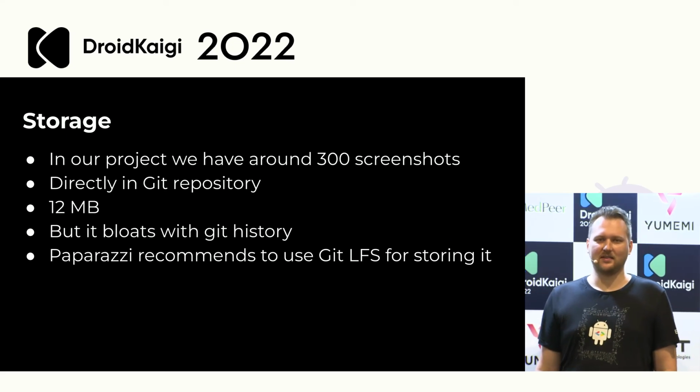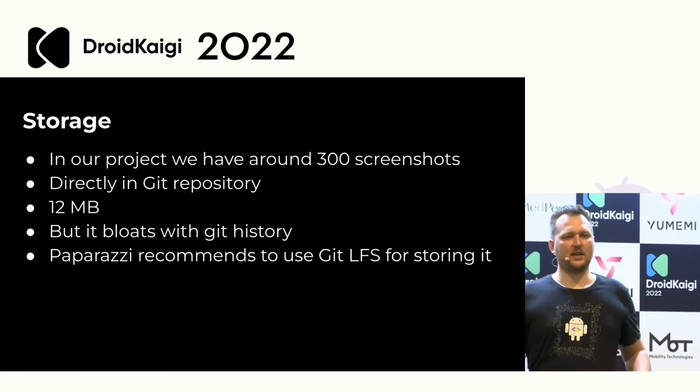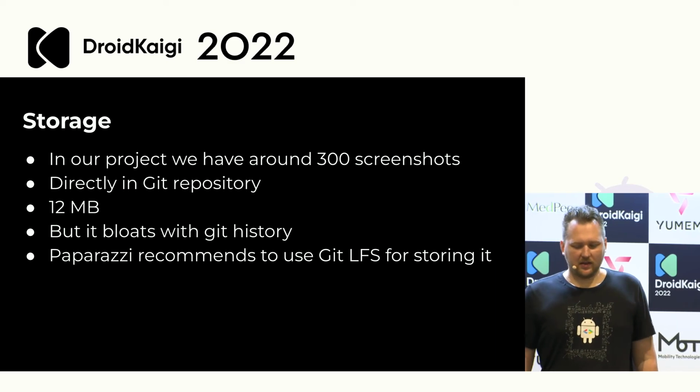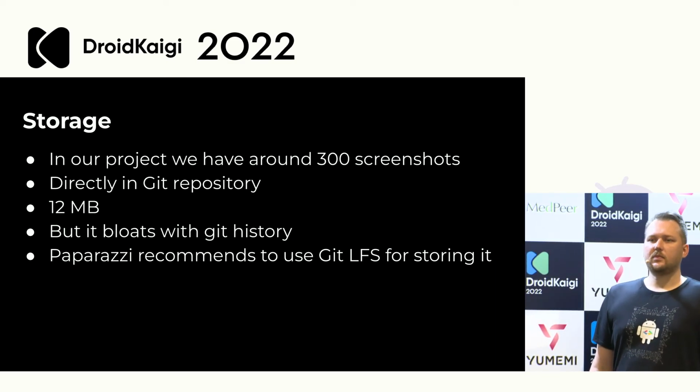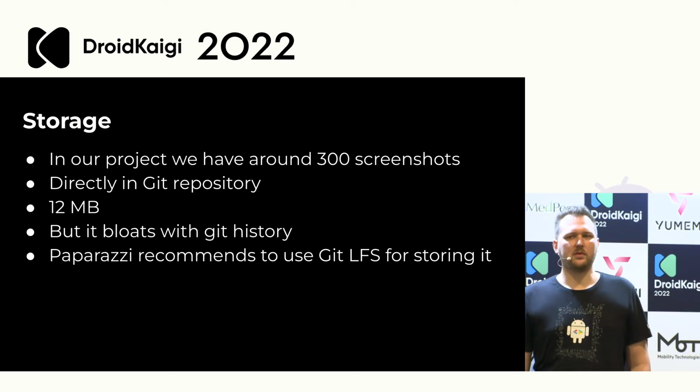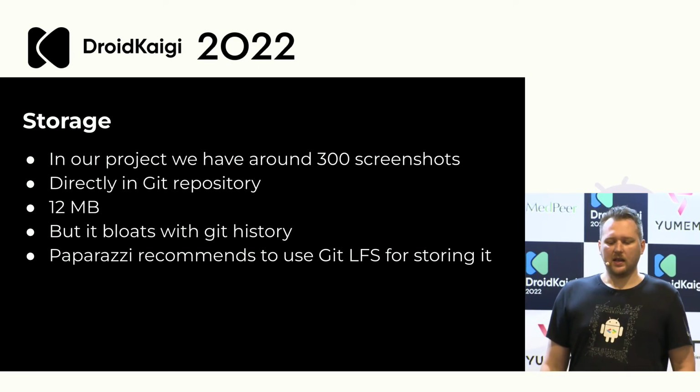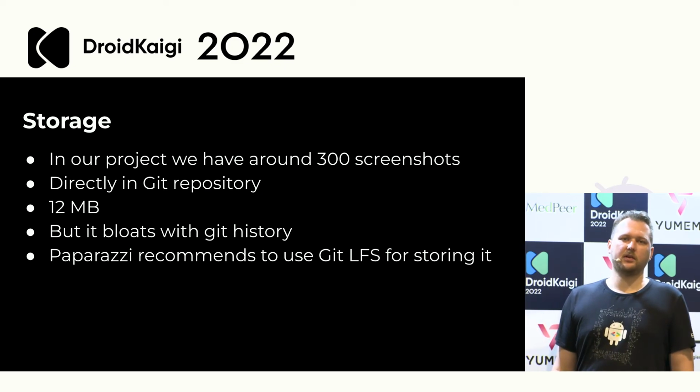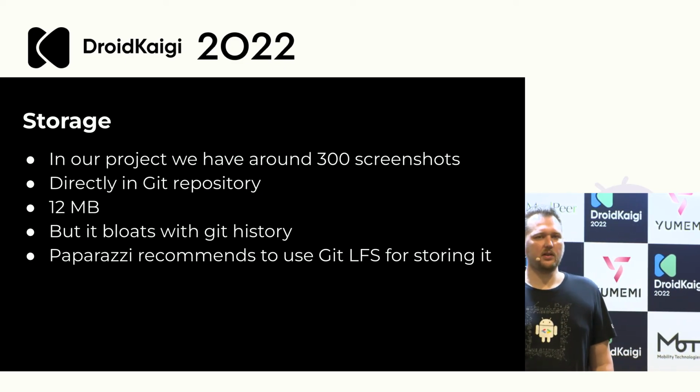So first, how about storage of these images in your Git repository? My experience from my previous project, we had about 300 screenshots, and they are really small PNGs, so they don't take much of the space. These 300 screenshots took 12 megabytes, and we store them directly in a Git repository.